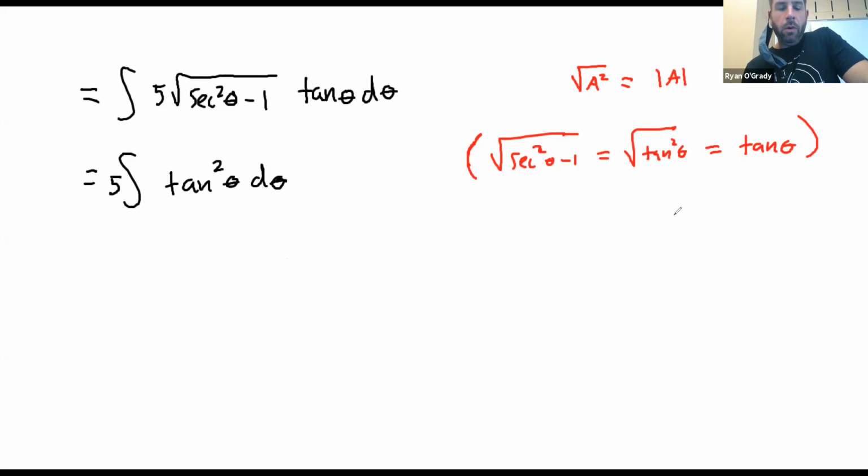But we're not worried about it. That's my whole point right now. We're ignoring that fact. We're thinking of this solely as an antiderivative. We're not interested in integrating over some particular domain right now.